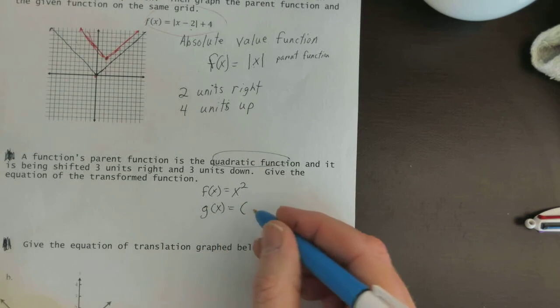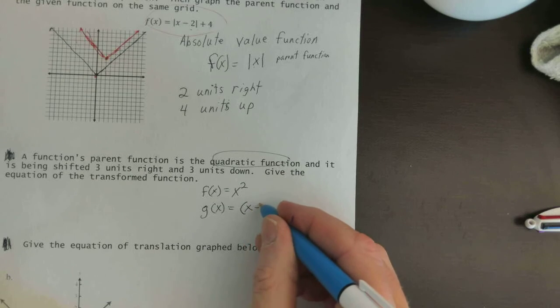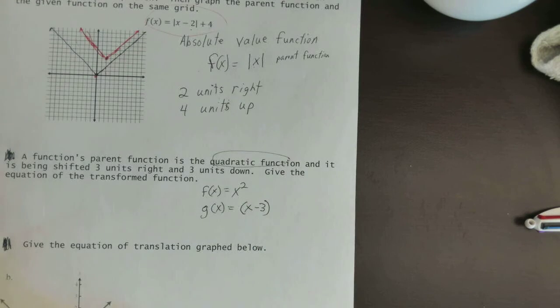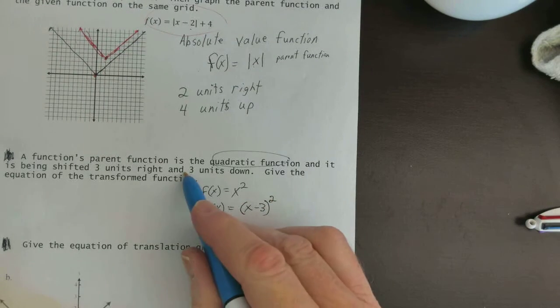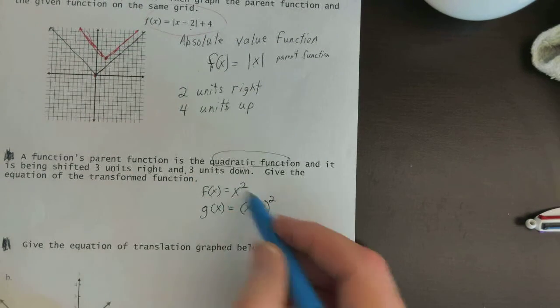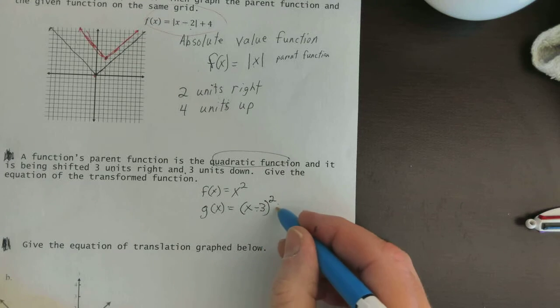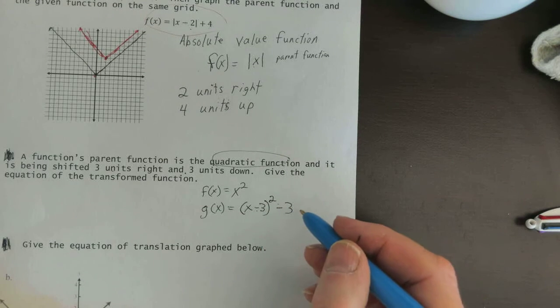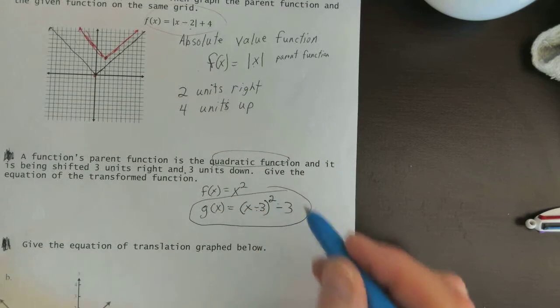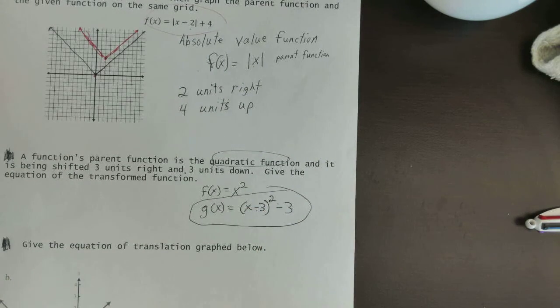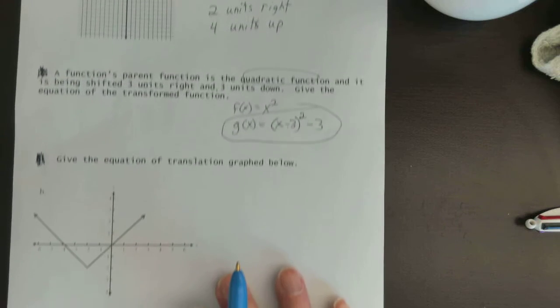If I'm going to shift it 3 units to the right, I'm going to go x minus 3 with the x and then put the square up here, and 3 units down. So this takes care of right, minus 3 out here will take care of down. Give the equation of the transformed function. There you go. That's for a quadratic function.